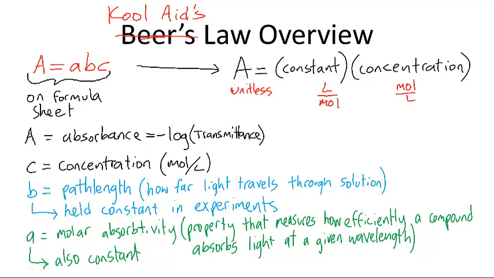And if you break it into a and b, if b is in centimeters, then a would have to be in liters per mole centimeter. They're weird units, but they do exist.